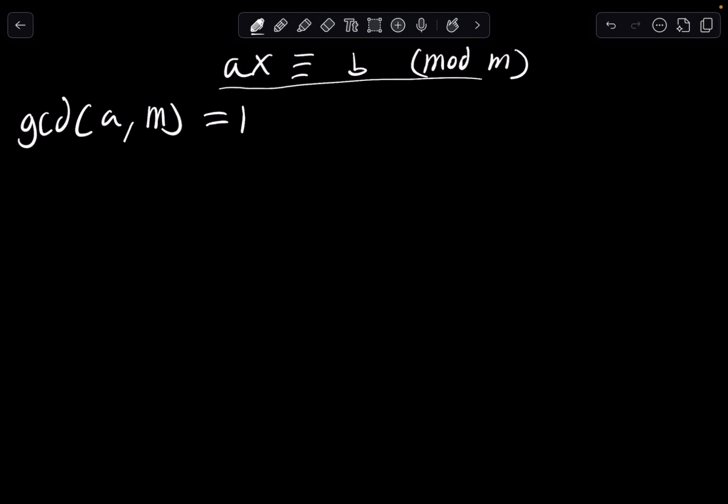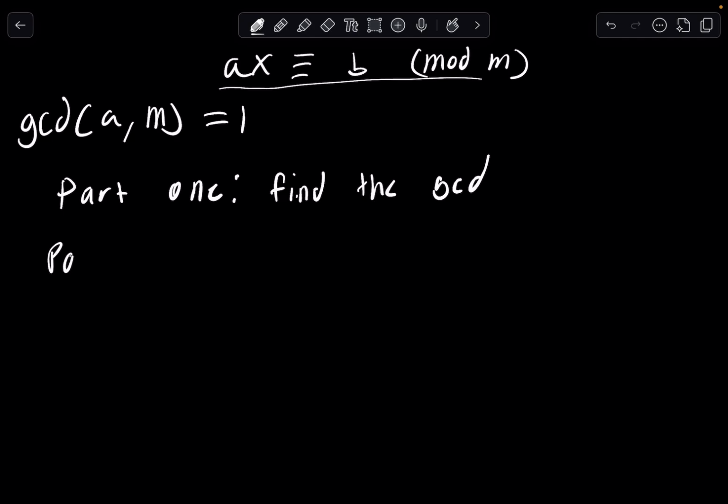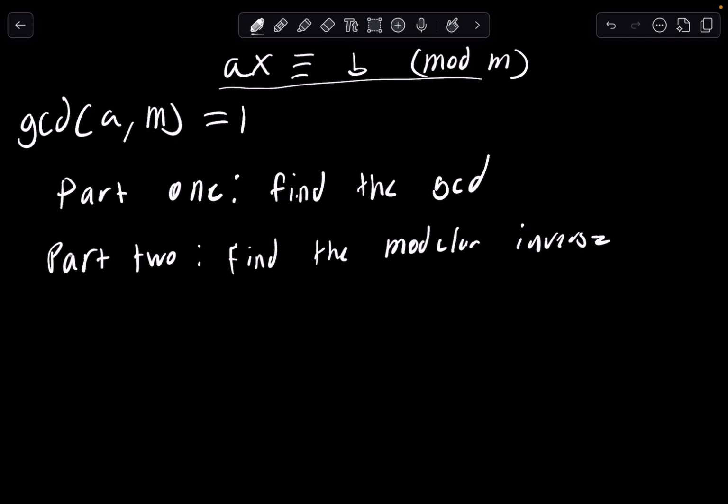So, the extended Euclidean algorithm can be broken up into two parts. The first one is where we find the GCD, and then the second part, find the modular inverse.